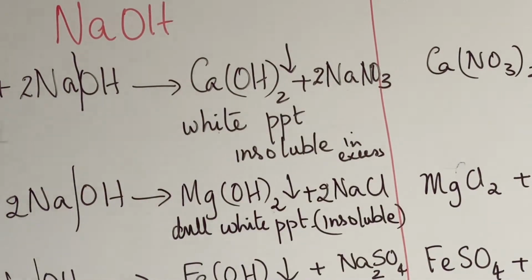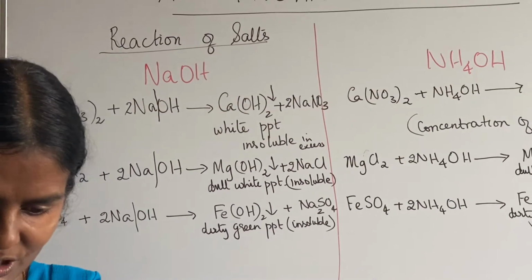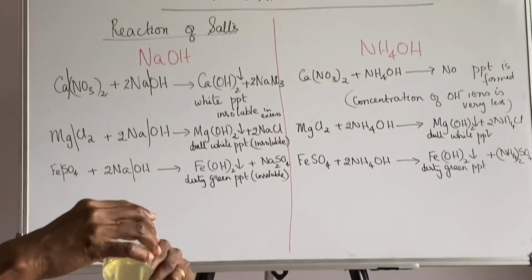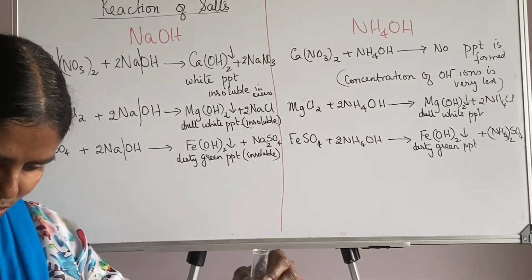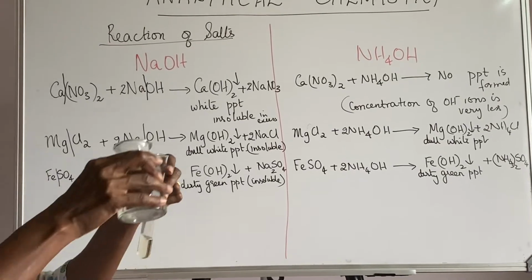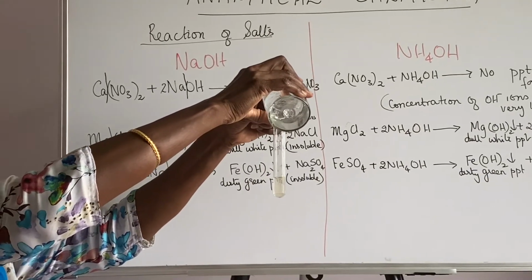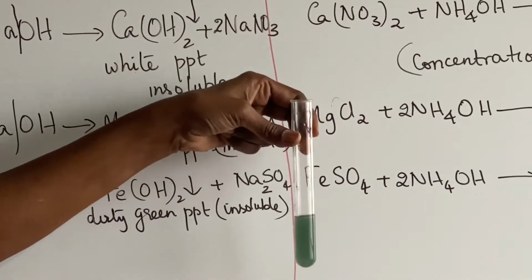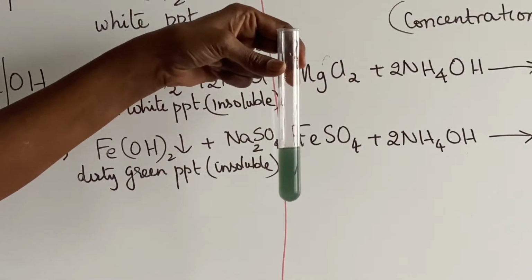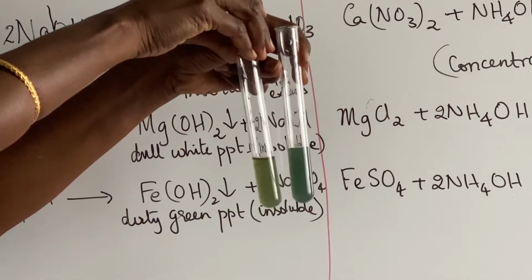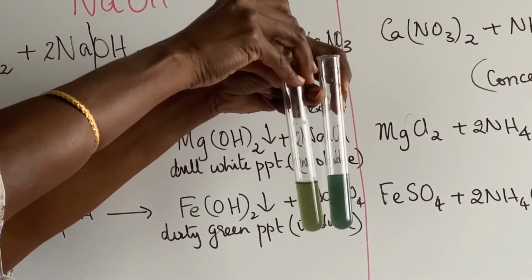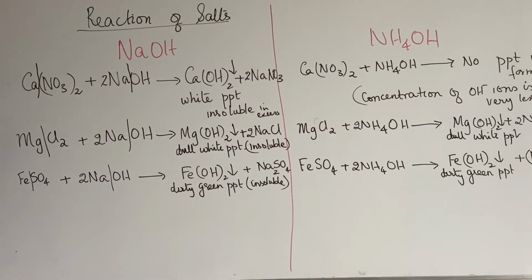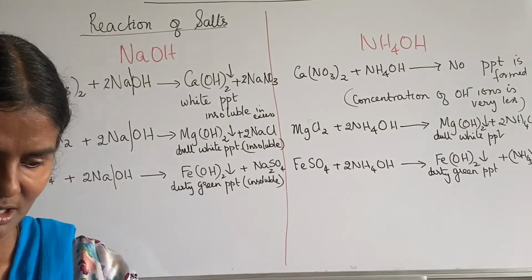Now the same thing, if I take ferrous sulphate and add ammonium hydroxide to this, it also gives you a dirty green precipitate. See, both are the same dirty green precipitate and they are insoluble in excess. So this is what happens with ferrous sulphate and ammonium hydroxide and sodium hydroxide.